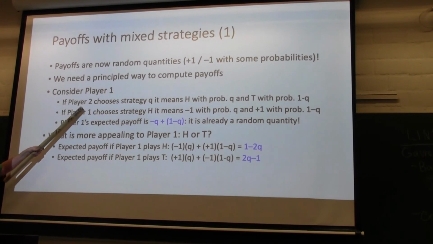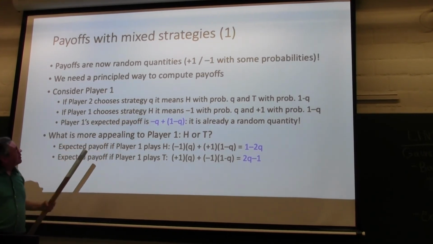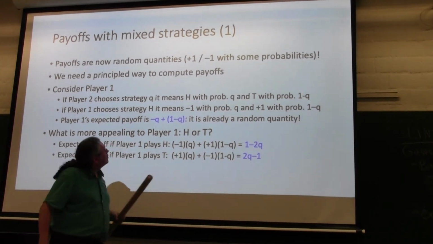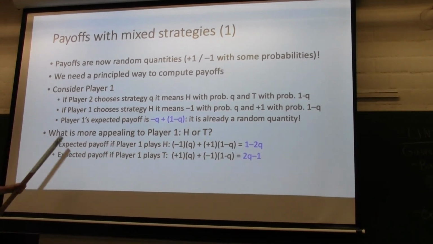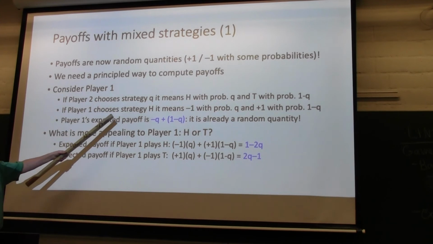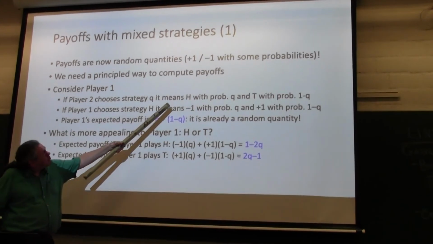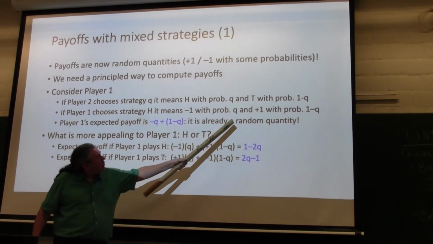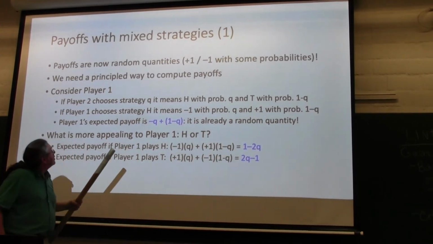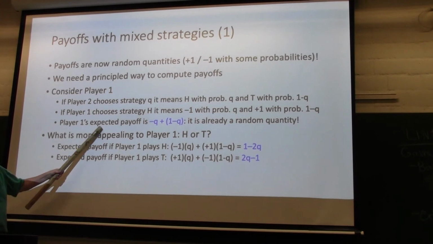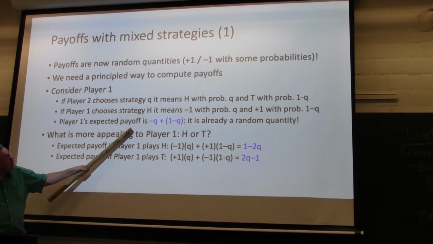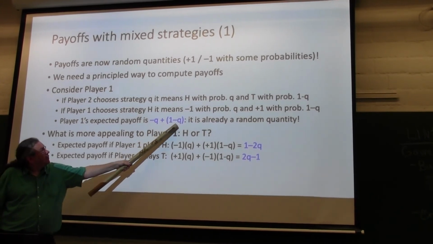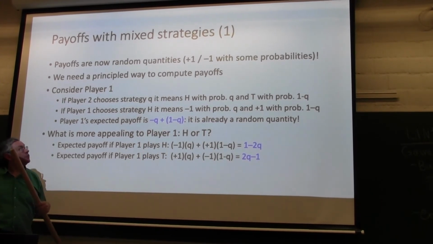If player 2 chooses Q, it means heads with probability Q and tails with probability 1 minus Q. If player 1 then chooses strategy H, then player 1 will lose 1 with probability Q and gain 1 with probability 1 minus Q. So the expected payoff of player 1 by choosing H is minus Q plus 1 minus Q. So it's 1 minus 2Q.